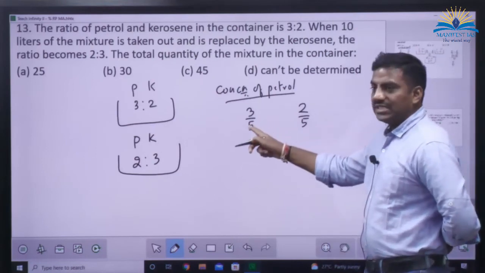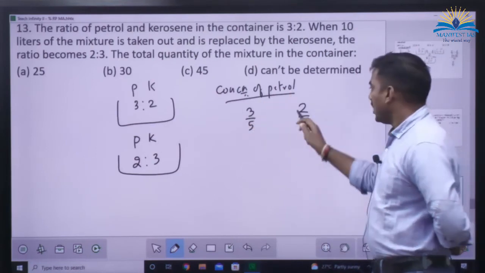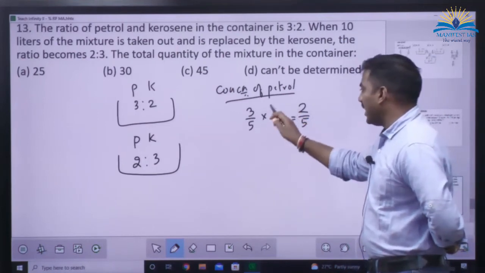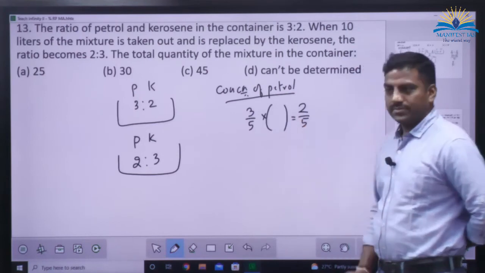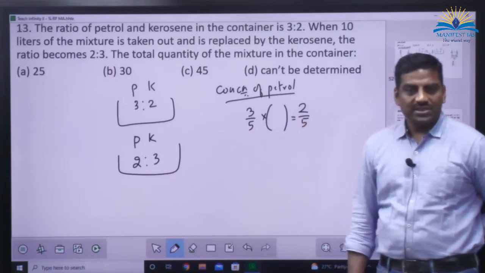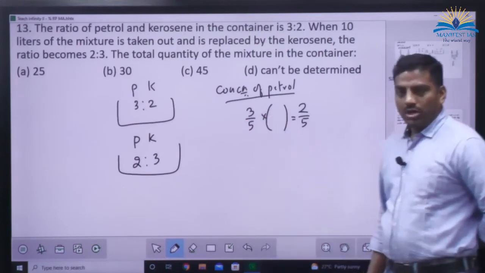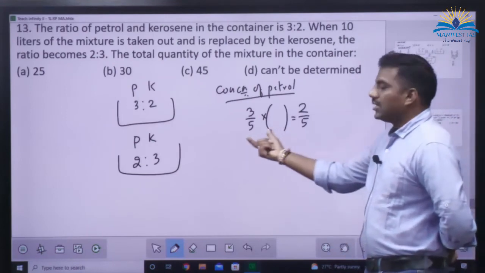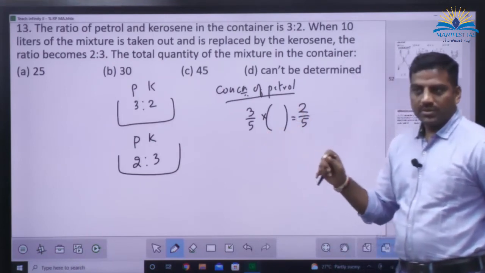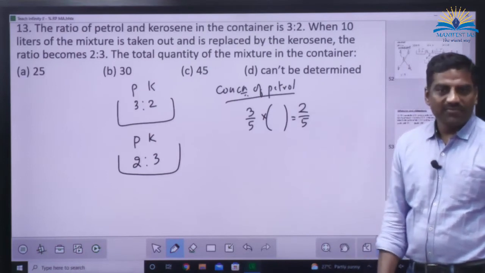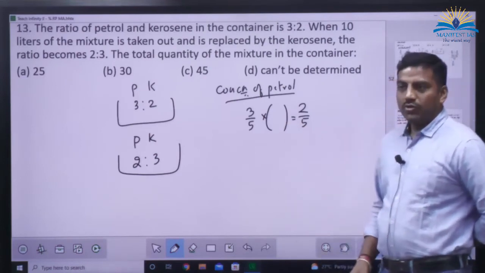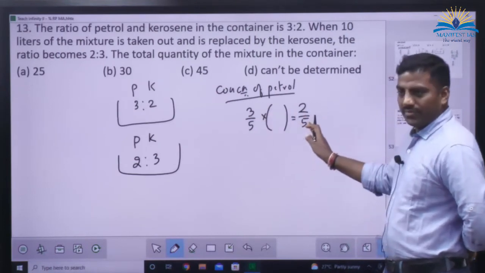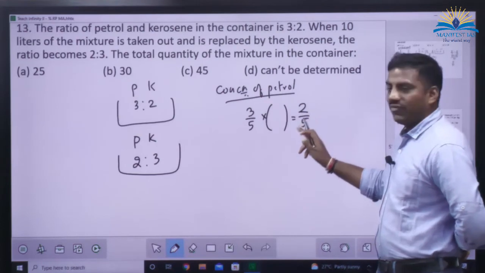This concentration is being reduced, correct? And after multiplying something, we get this. When we compare the concentration of petrol, we get something. Simple. The concentration is being reduced by some factor. What is that factor? You try to get it. Instead of 3/5, I want 2/5.